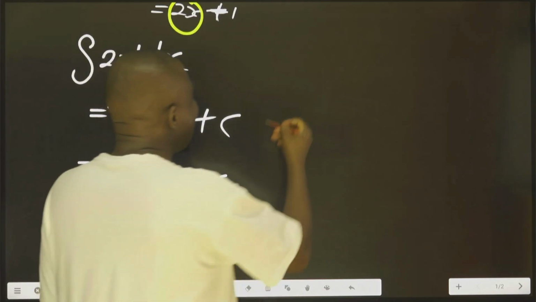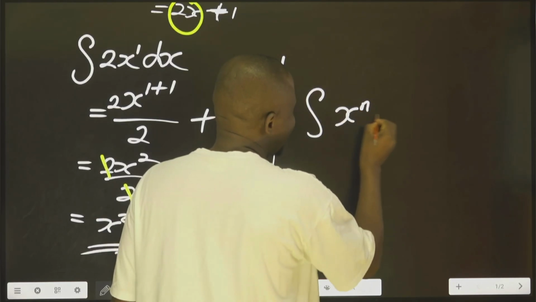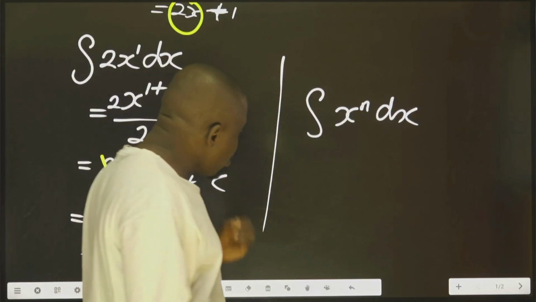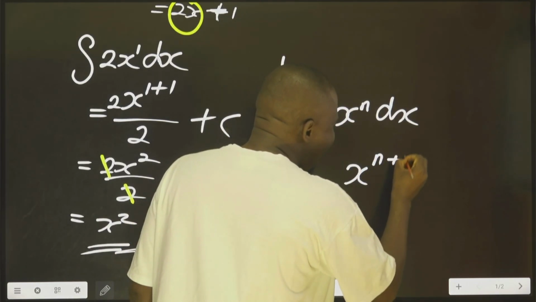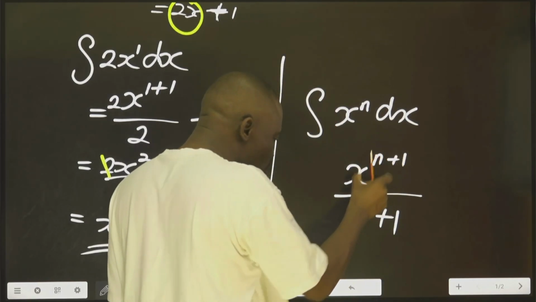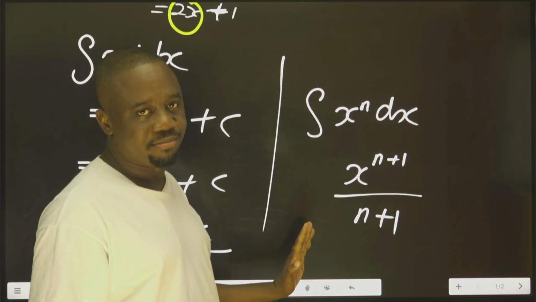Now, the general formula: you do x raised to power n dx. If you are asked to integrate this, all you need to do is simply say x raised to n plus 1 over n plus 1. Whatever you get here, you bring it down. Remember, there's something here. There's something here.